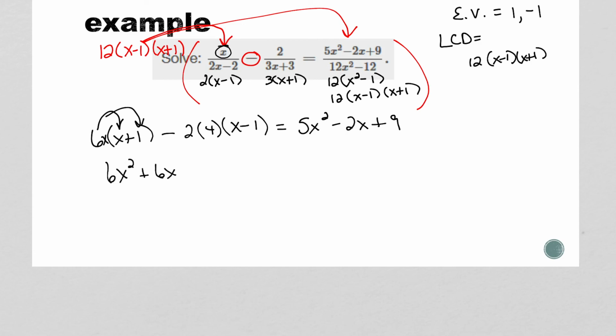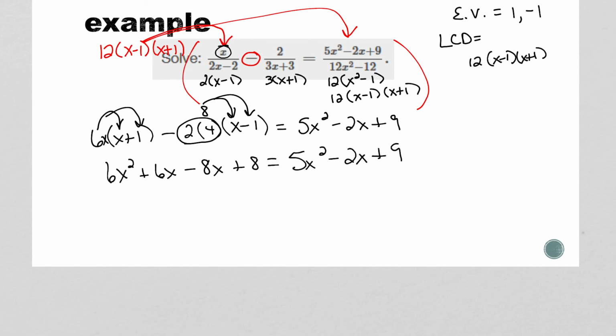Now I'm going to go ahead and combine these and make them 8 and distribute that. And so remember, that's a minus 8. Minus 8 times x is minus 8x. And then minus 8 times -1 is a positive 8. I'm going to go ahead and combine my like terms.